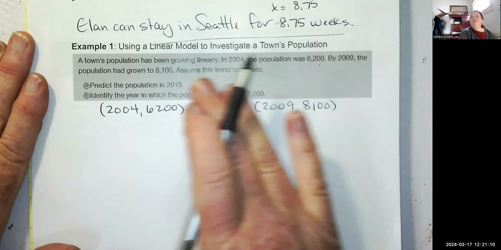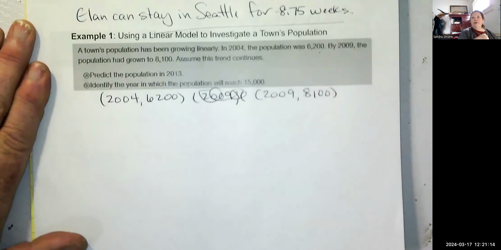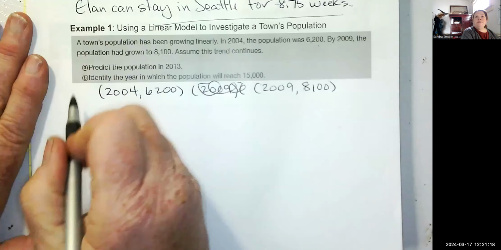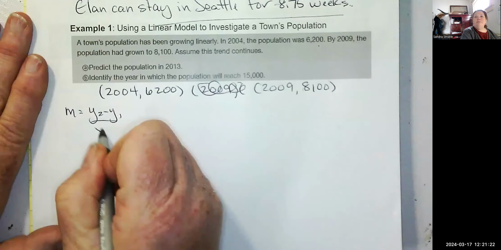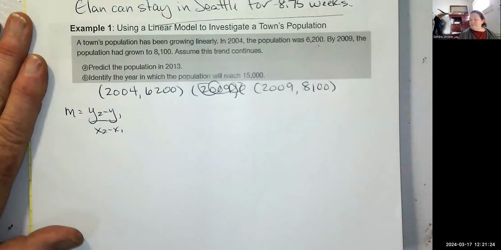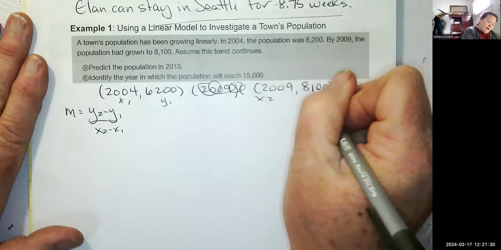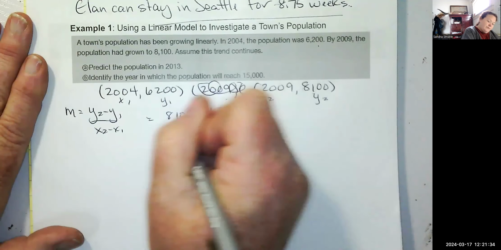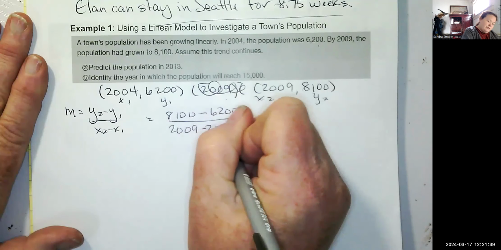Okay, you can't do any of this until you've created a linear function. To create a linear function, we need to know what the slope, the constant rate of change, is. So m is equal to y sub 2 minus y sub 1 over x sub 2 minus x sub 1. All right, so x1, y1, x2, y2. 8,100 minus 6,200 divided by 2009 minus 2004.